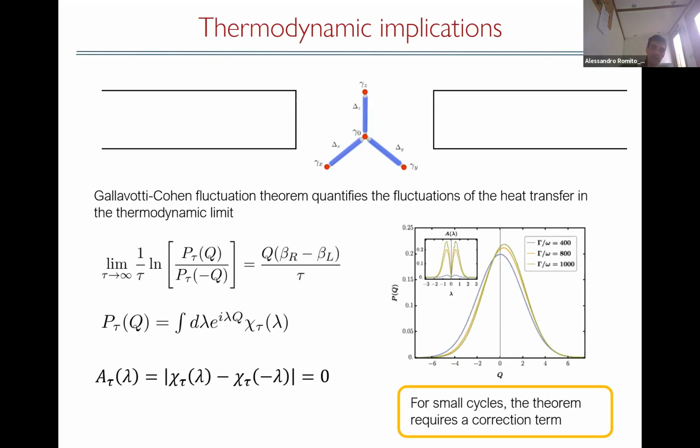You can formulate that in terms of full counting statistics of this heat transfer. And this theorem would amount to the fact that this particular quantity, this figure of merit, should be zero.